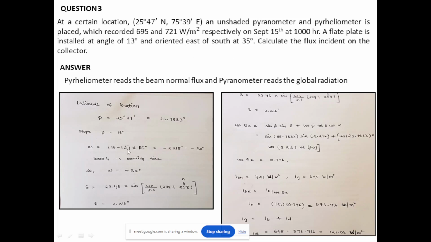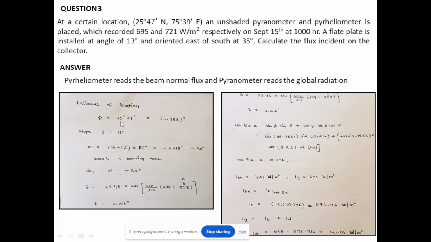So 10 minus 12 is minus 2, into 15, minus 30 degrees, but your 10 hours is in the morning. According to the sign convention, if your solar time is in the morning, it is assumed to be positive. So your omega value will be plus 30.